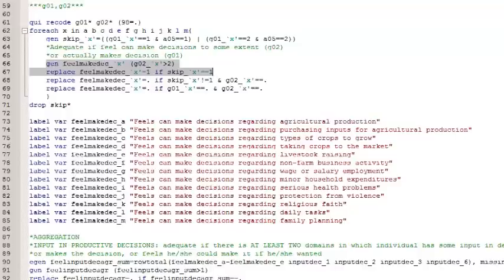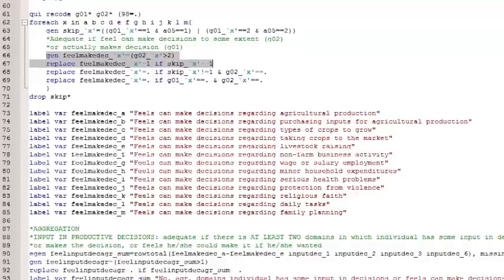So the cutoff for this indicator is at a medium extent. The scale goes: he participates not at all, small extent, medium extent, and to a high extent. So if the individual replies medium extent to high extent, or if he's the person who actually makes the decision, he will be assigned the number 1 in the indicator feel_make_dec_X in activity X.